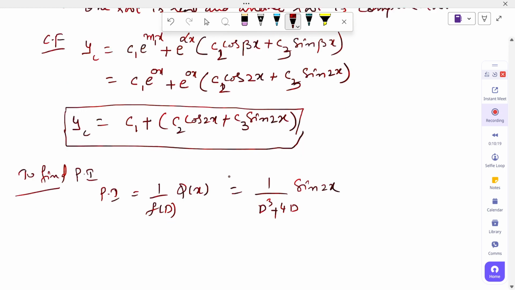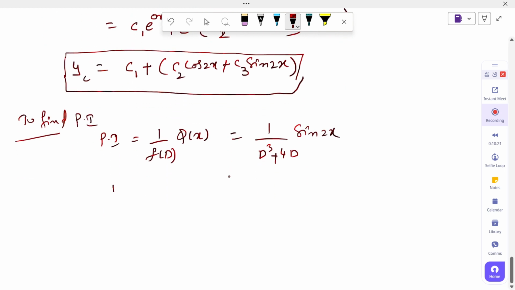What is the value of a here? a is equal to 2. Then substitute D square equal to minus a square, which is minus 2 whole square, equal to minus 4.